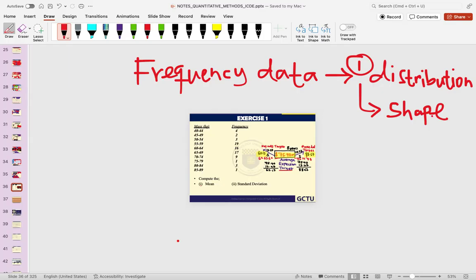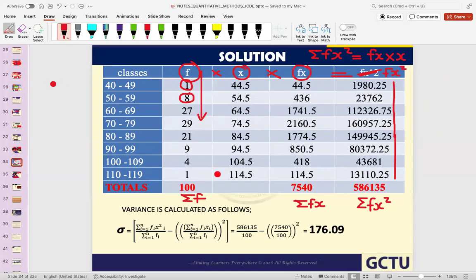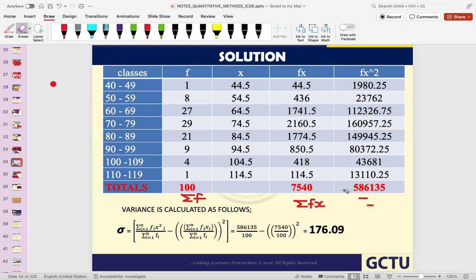To explain this, I can go back to what we did, and we had these frequencies. When you are asked to sketch the shape of this frequency distribution, you can do it in a very nice way.